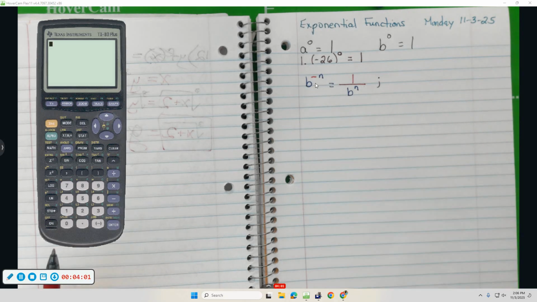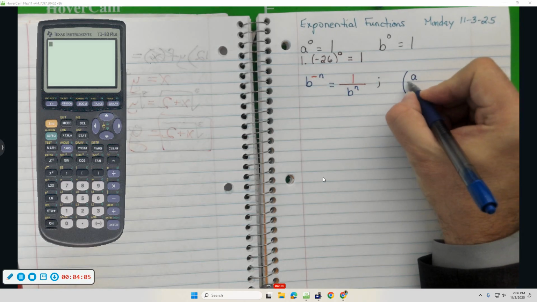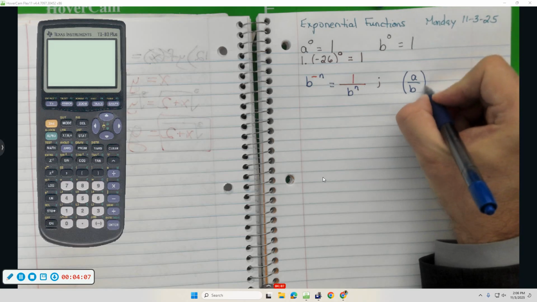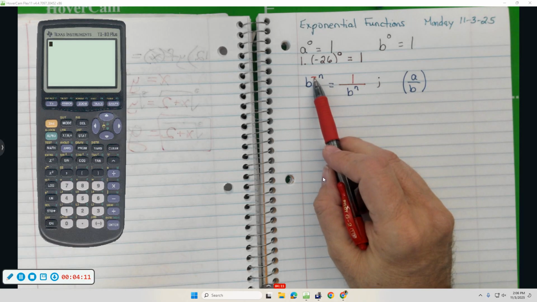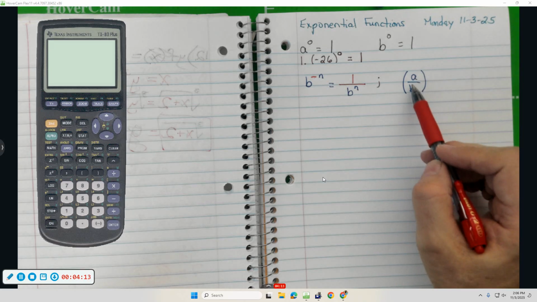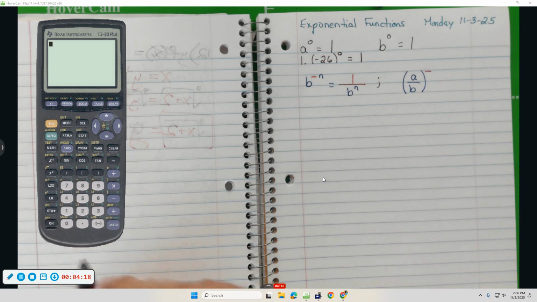Suppose that base were a fraction already. There's another way of stating that definition. A negative exponent, when you have a fraction, a over b to the negative n.